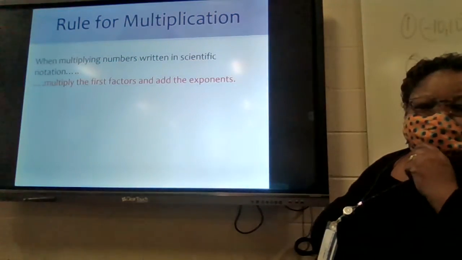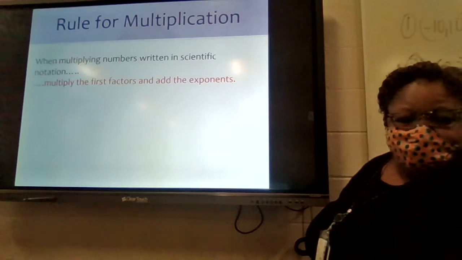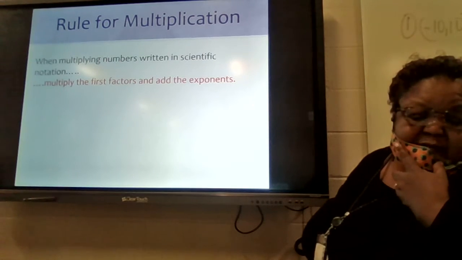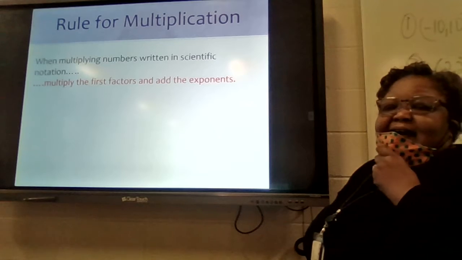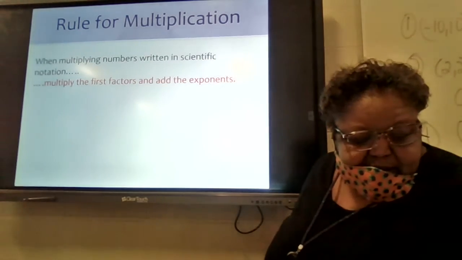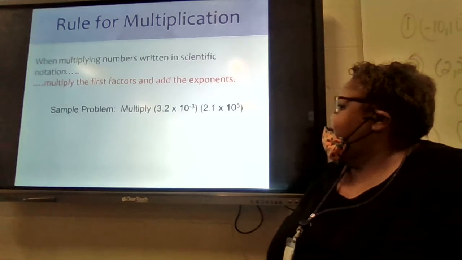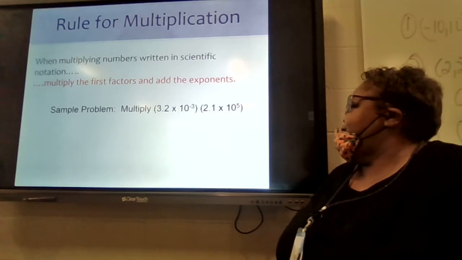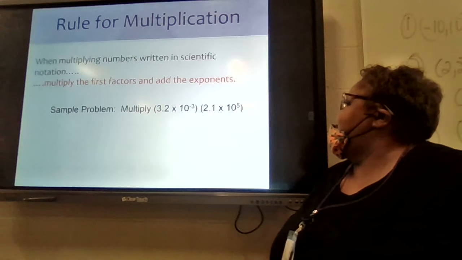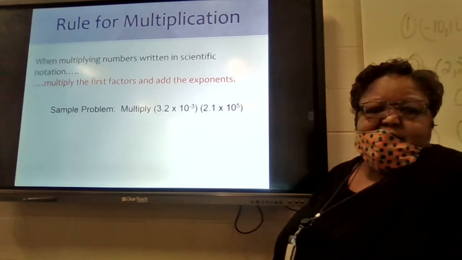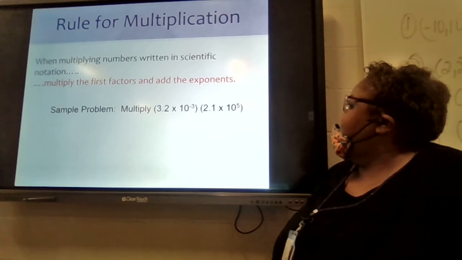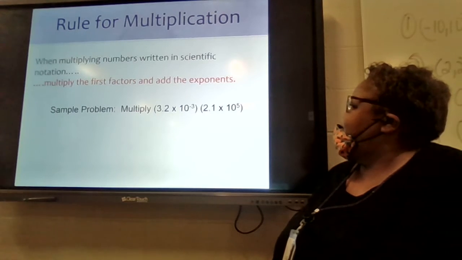Okay, so the first rule is that red part, you want to write that in your notes. Multiply the first factors and add the exponents. So here's a sample. We're going to multiply 3.2 times 10 to the negative 3 times 2.1 times 10 to the negative 5.